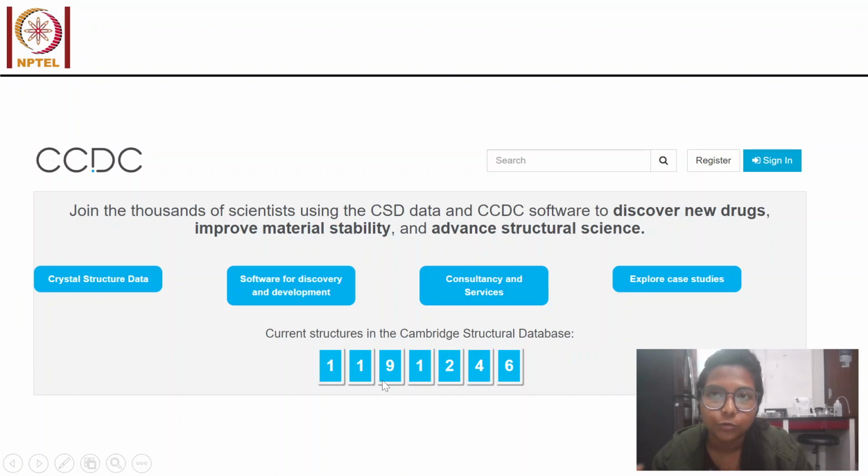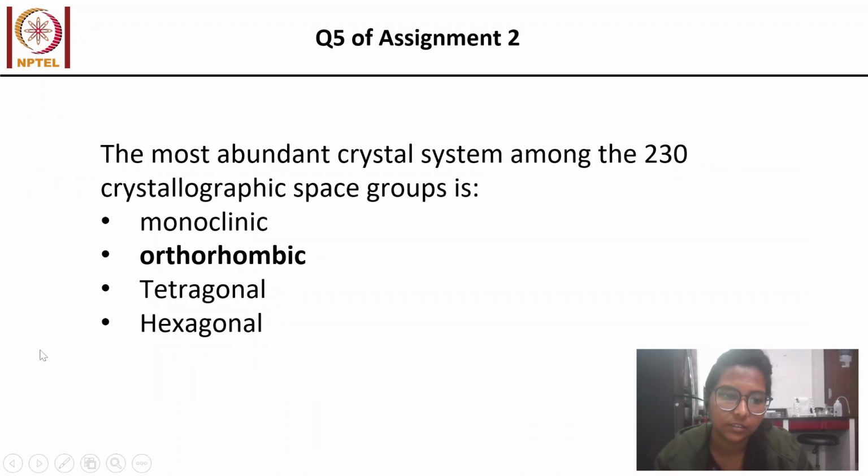Out of these 12 lakh crystal structures, they are not evenly spread out over the 7 crystal systems. There is one crystal system which is present in the maximum number of crystal structures, and that is orthorhombic.